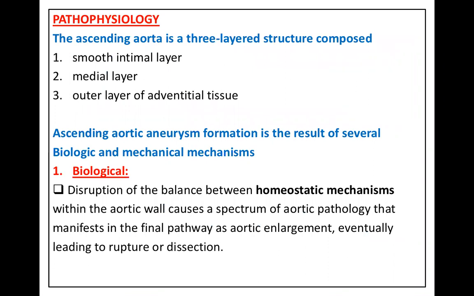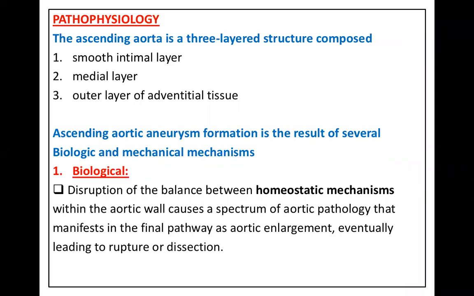Now let's talk about the pathophysiology. As I mentioned, there is a three-layer structure composed of a smooth intimal layer, medial layer, and outer adventitia. The ascending aortic aneurysm formation is the result of several biological and mechanical mechanisms.